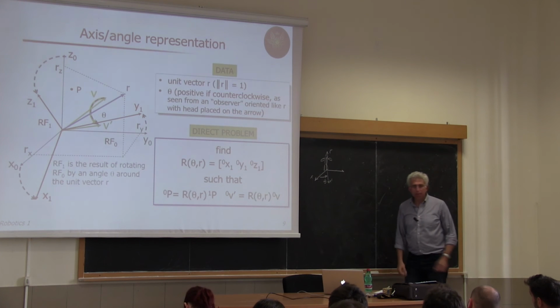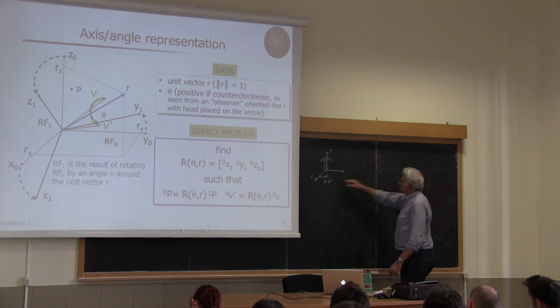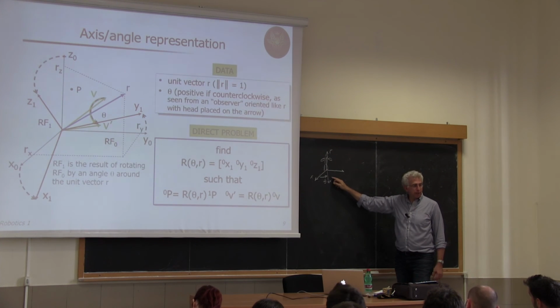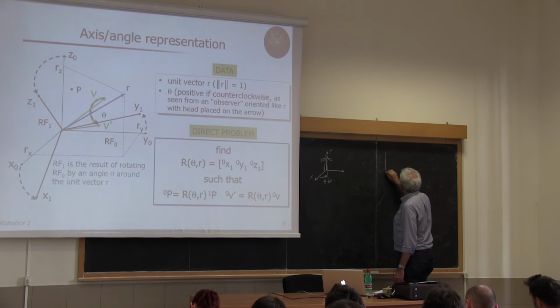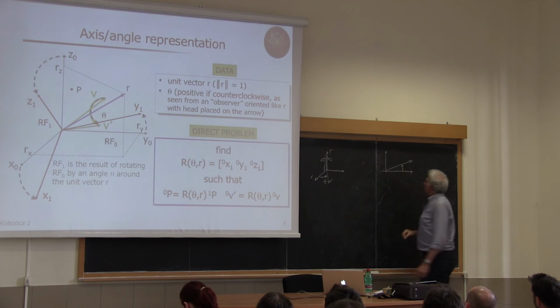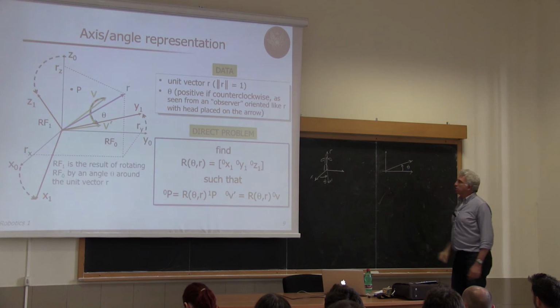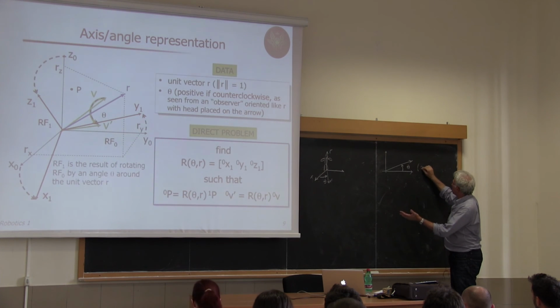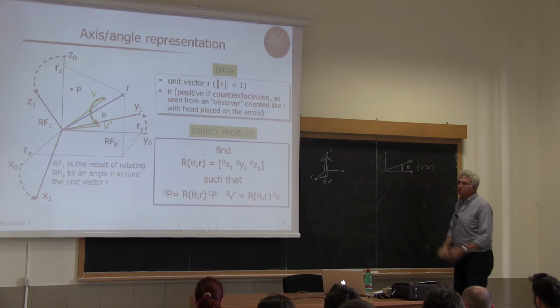Okay? So this would be a positive value of theta. And same, if I'm going from here to there, and this is rotation theta. For instance, this may be 30 degrees.